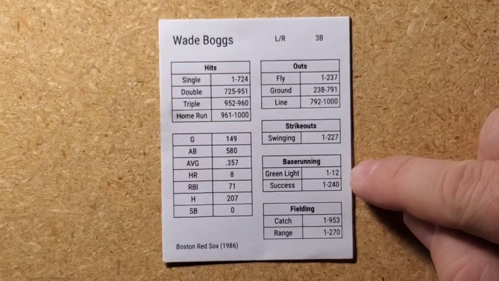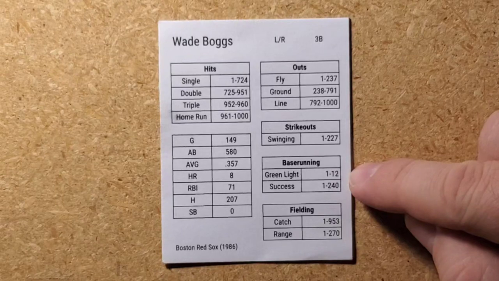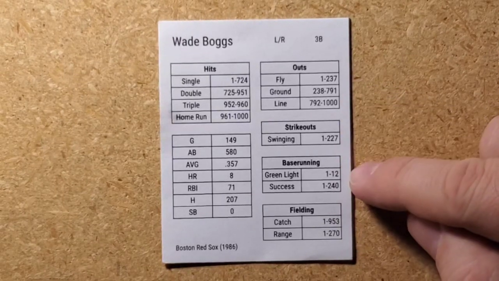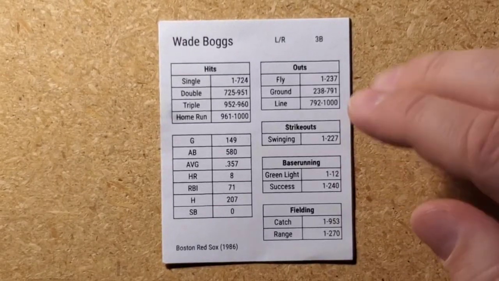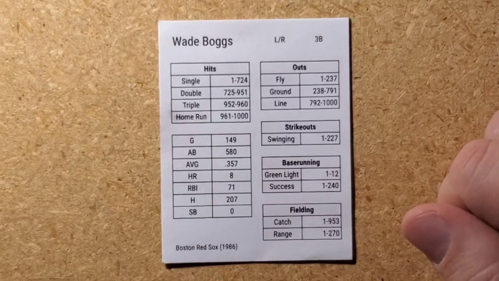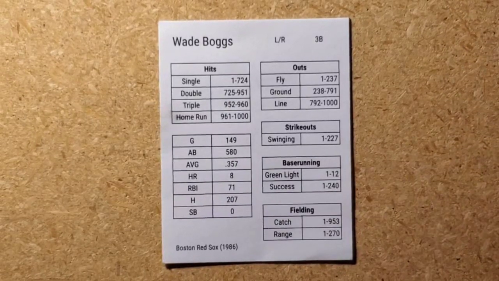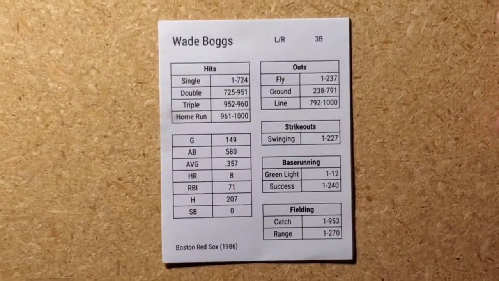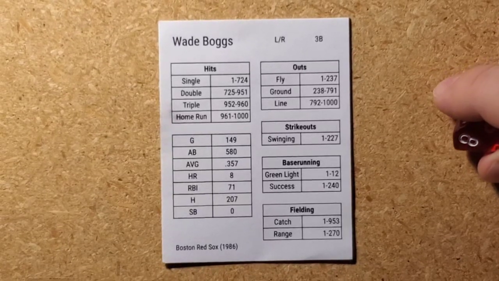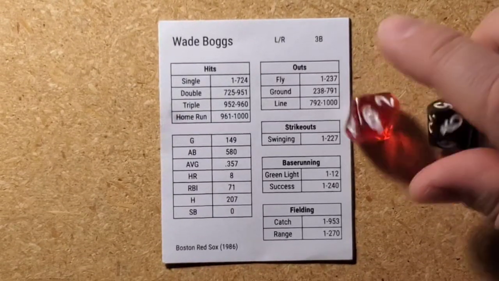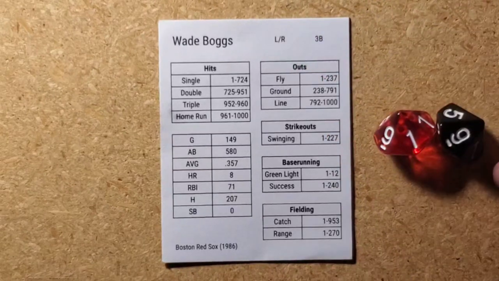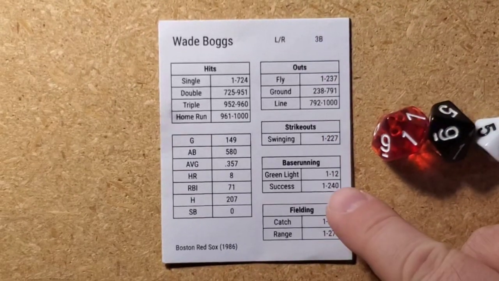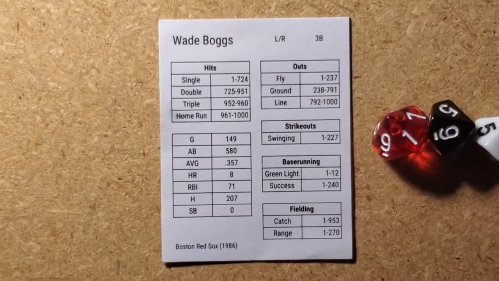And so he has about a 1.2% chance, or about 1.2% of those opportunities, Wade Boggs took off and tried to steal the base. So if he gets a single or a walk, and he's standing at first base with no one at second base, you would roll. And if this number was 1 to 12, then he's going to take off.